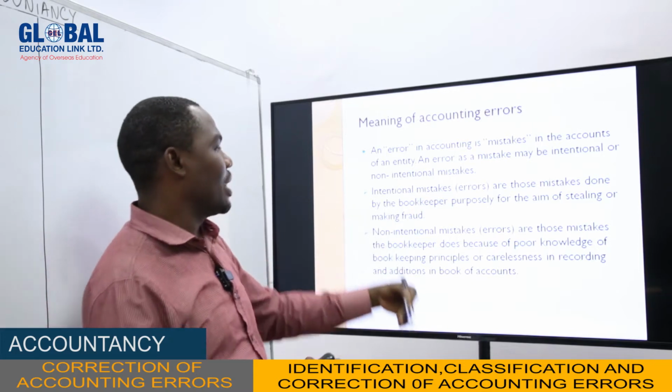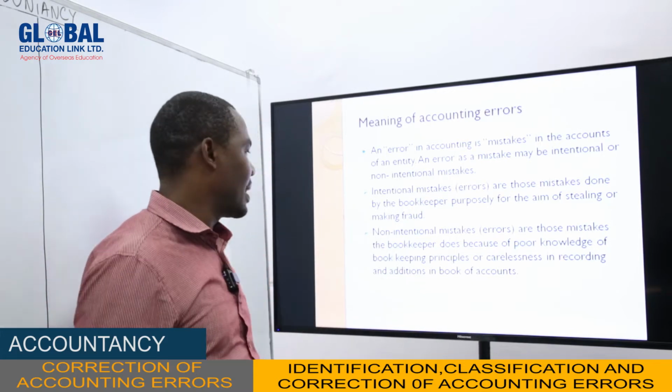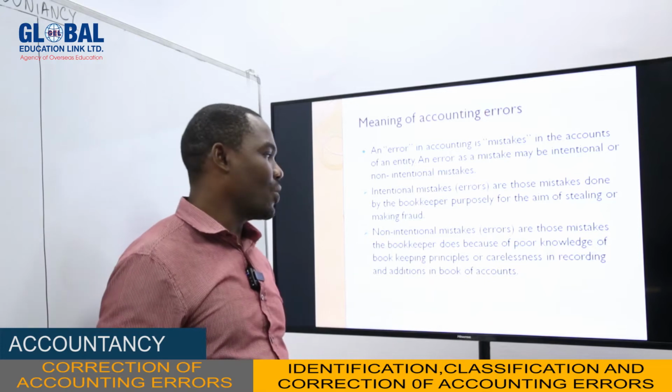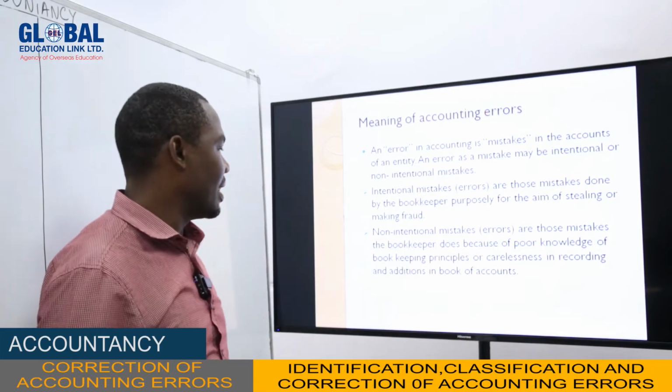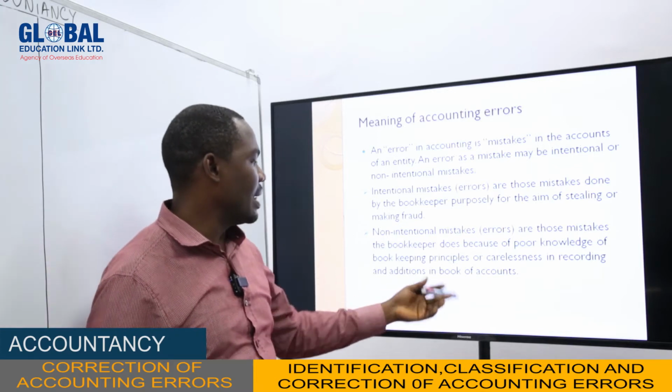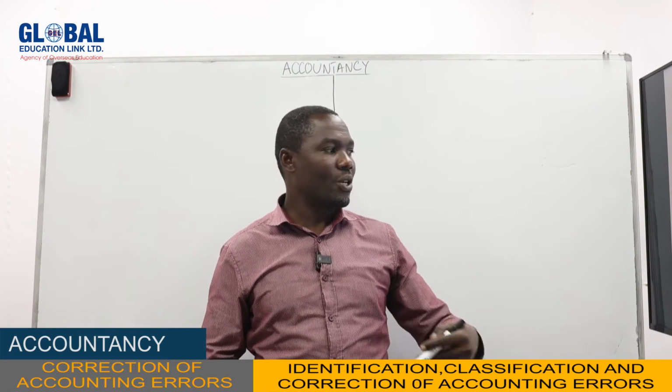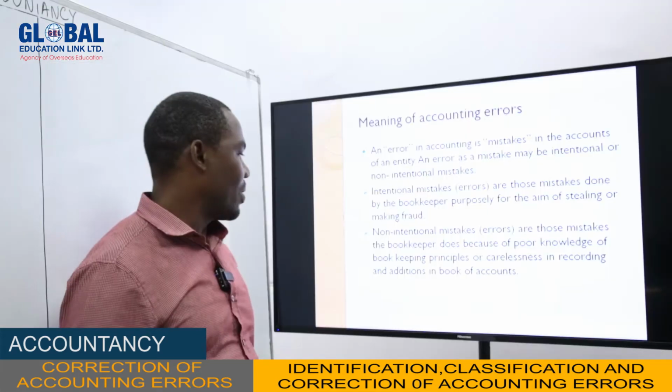These are mistakes the bookkeeper makes because of poor knowledge of bookkeeping principles or carelessness in recording and additions in the books of account. So you make the mistake non-intentionally. It is only because you lack proper knowledge of accounting principles or because of carelessness in recording.